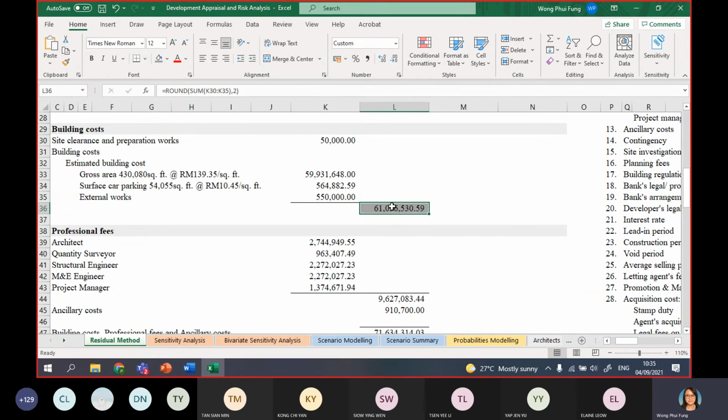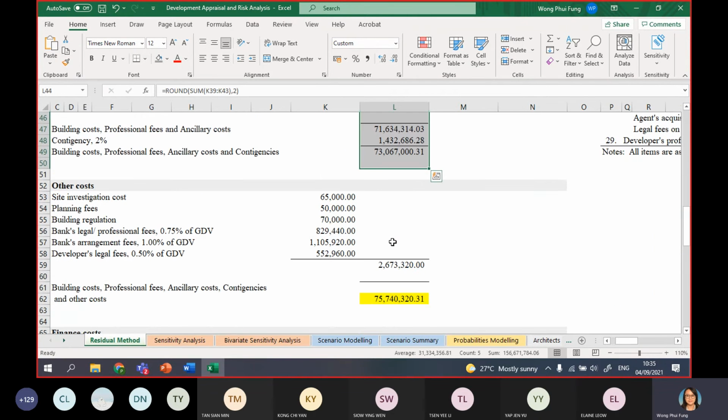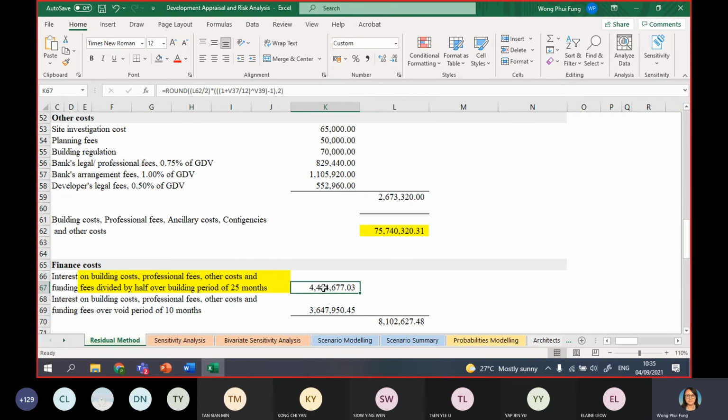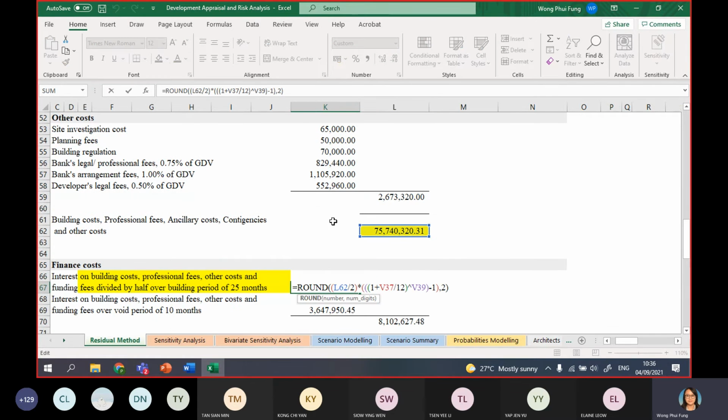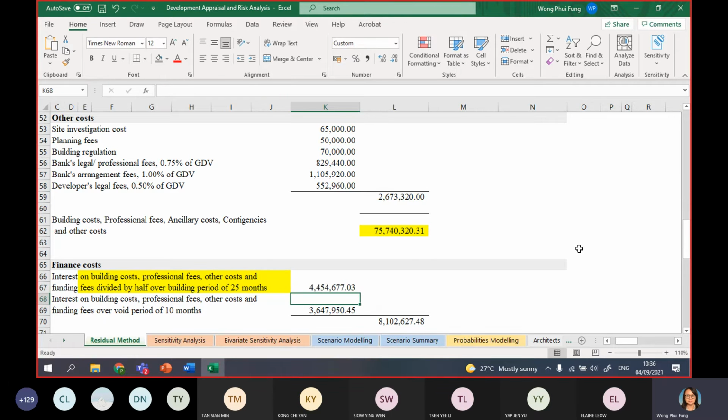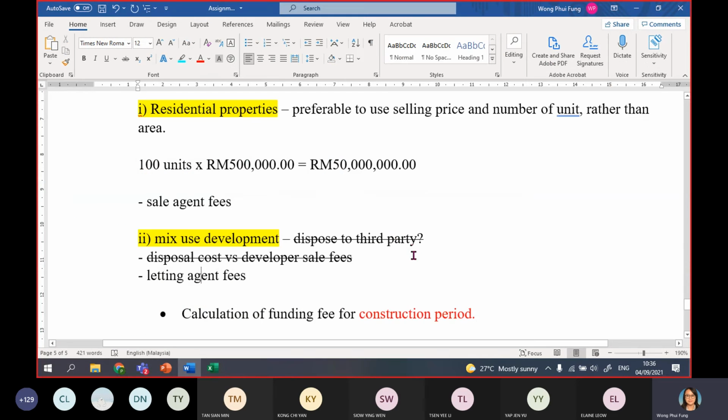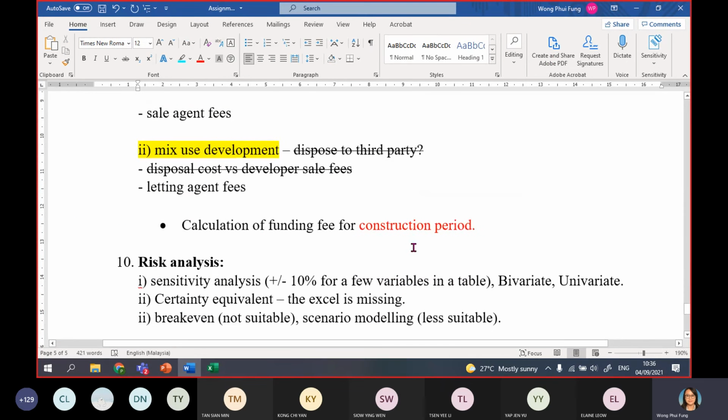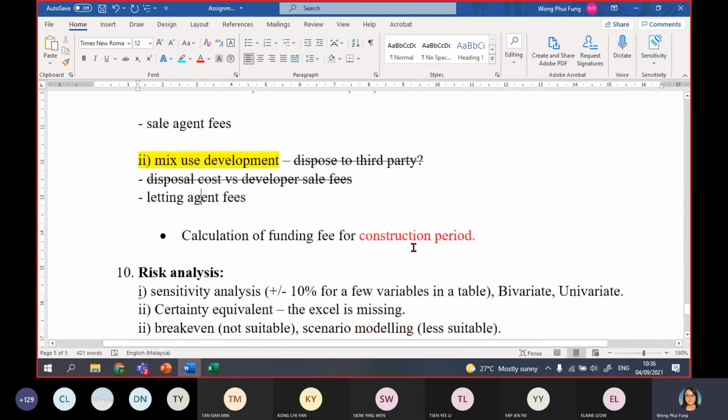You shouldn't use that figure. All these costs need funding as well. So that's why for the funding cost, you should use this figure. I already briefed this in the lecture and tutorial, one round. So try to avoid this mistake in your integrated project, remember. All right, so that's it for the financial modeling.